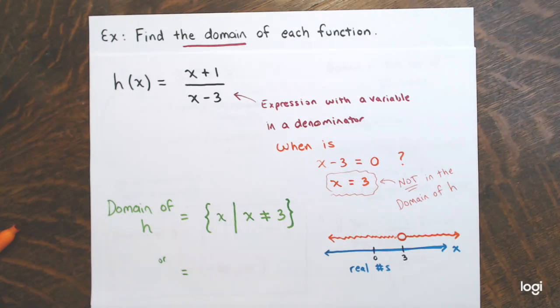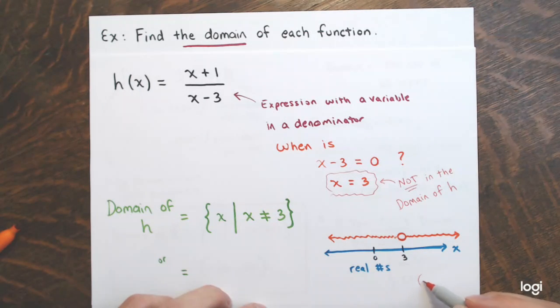So when you're writing out intervals, you write one interval for each piece of the domain, each piece of the set. So you notice here how there's a break in the set. I can't just say, like I did in the last example, oh, there's no lowest value, so I'll start at negative infinity, and there's no highest value, so I'll go to positive infinity.